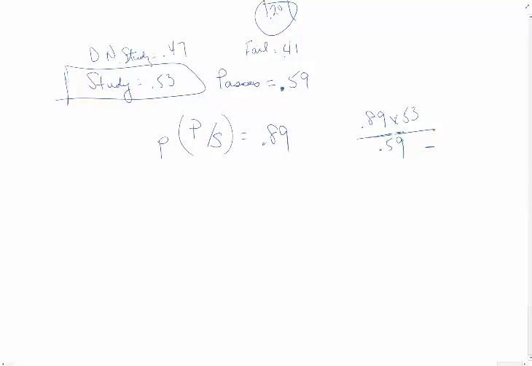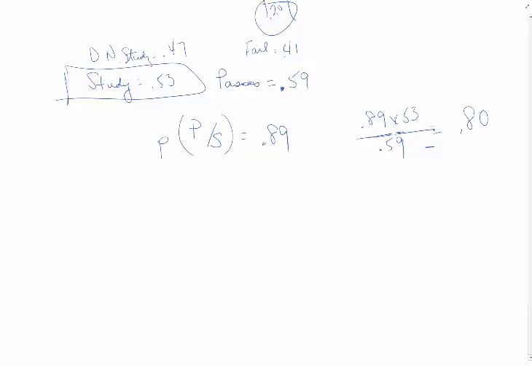So all we have to do is the math here, and we get, let me figure this out on the calculator, 0.80. Okay. So this is the probability that a student studied for the class given that they passed the class, right?